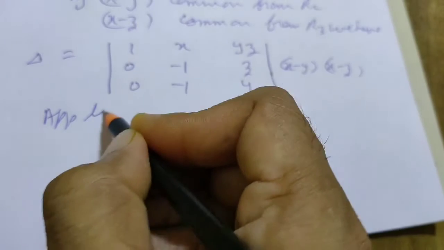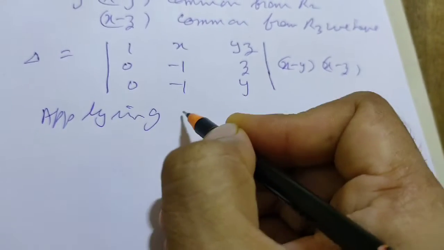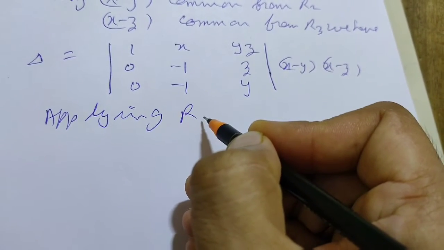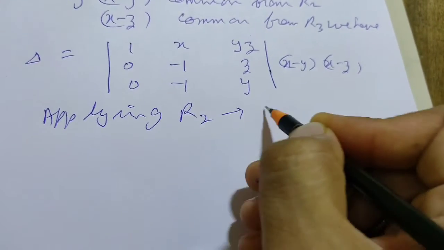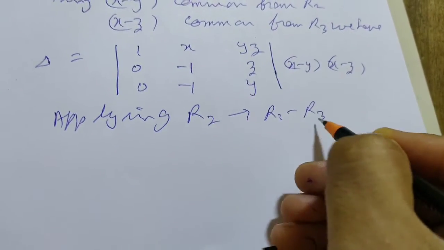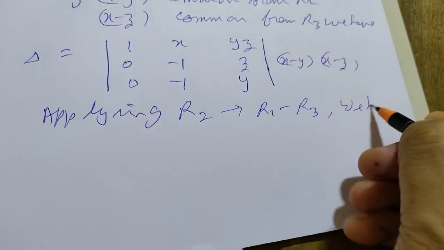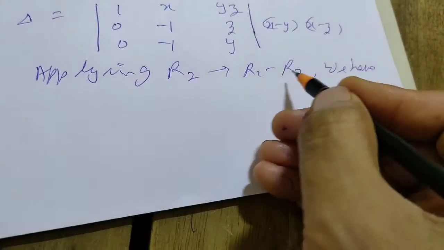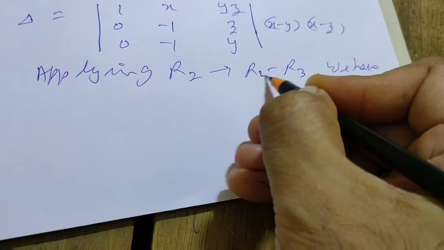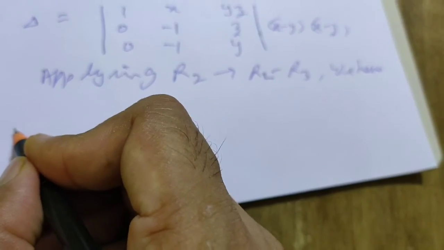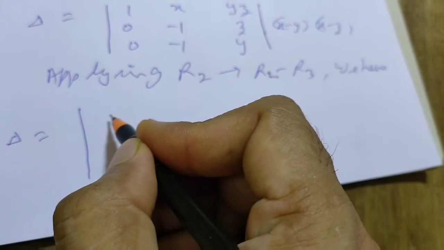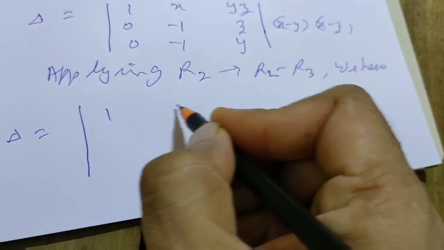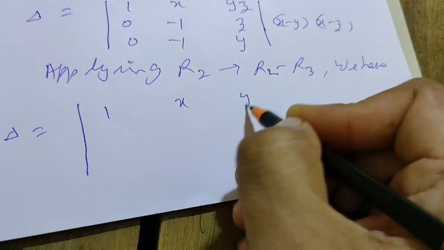Applying R3 becomes, or R3 or R2, we can do any. So let us do R2. Applying R2 becomes R2 minus R3. Even we can do for R3 also, right now I am doing for R2. So we have delta equal to, there is no change in R1, so it will remain as it is, 1, x and yz.